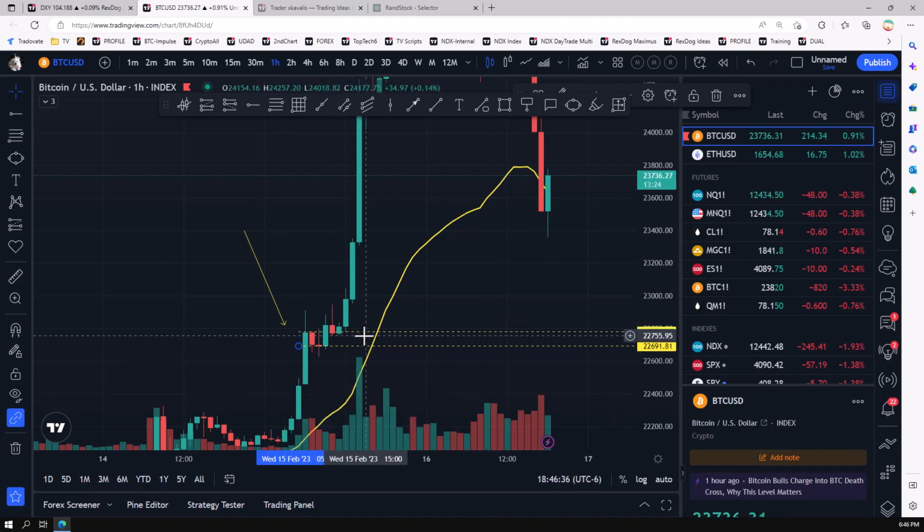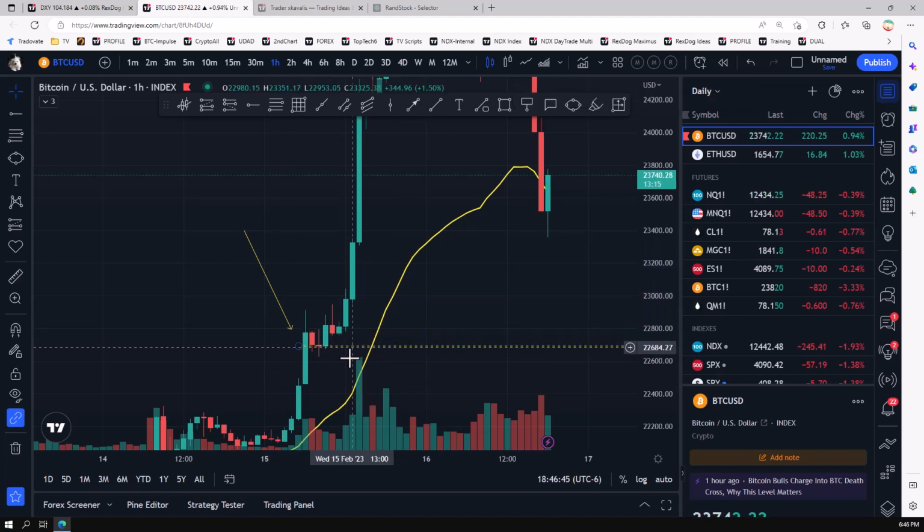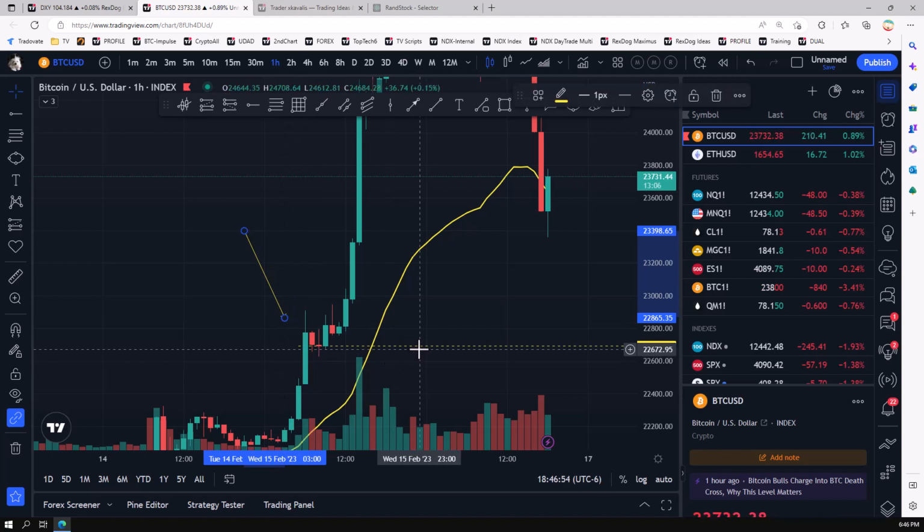The next candle, the green candle, in relation to this first candle, what did it do? It closed above the previous close of the green candle. Correct. So that is a statement. The chart made a statement.